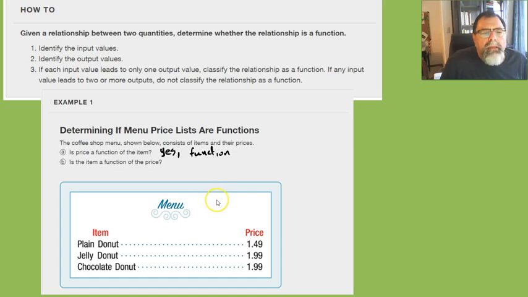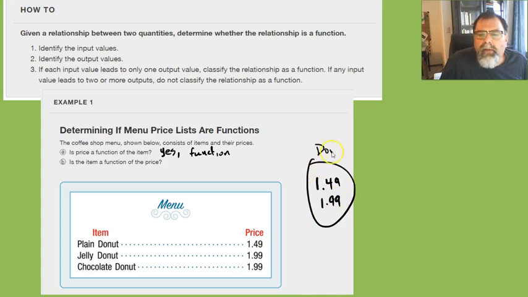Okay, and then B, is item a function of price? So item's your output value. So basically, we're going to flip this around. It's like you have 149 and 199 as your domain, your input values, and you don't have to write repeats. And then your range would be the items.